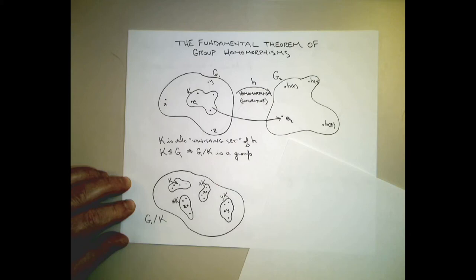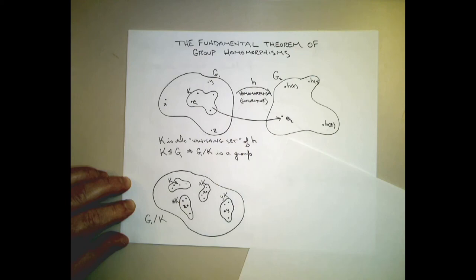So we're going to spend the rest of this video proving that there is an isomorphism from this quotient group to G2.